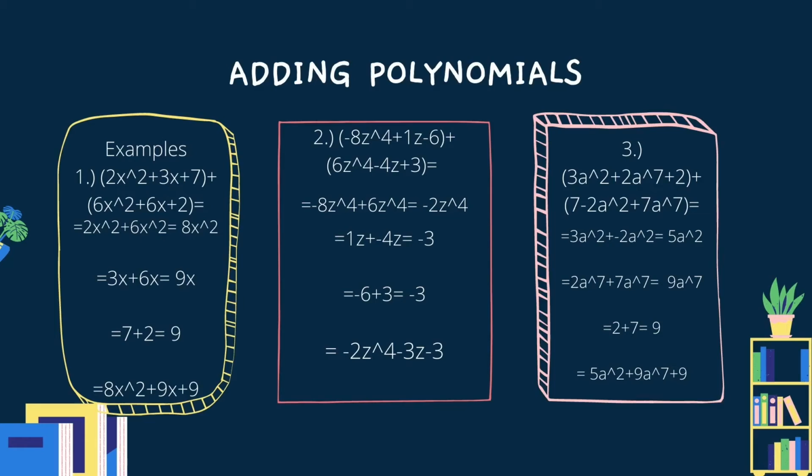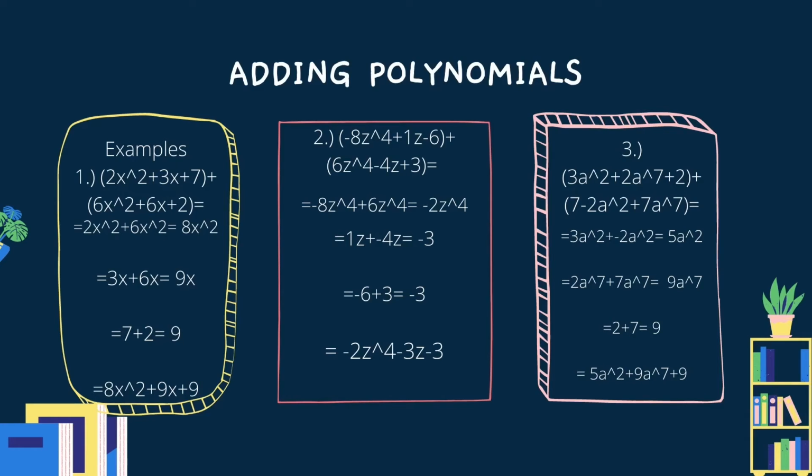Then number 3, 3a squared plus 2a raised to the power of 7 plus 2 plus 7 minus 2a squared plus 7a raised to the power of 7. We look for the like terms, which are 3a squared plus negative 2a squared, that equals 5a squared. Then 2a raised to the power of 7 and 7a raised to the power of 7.